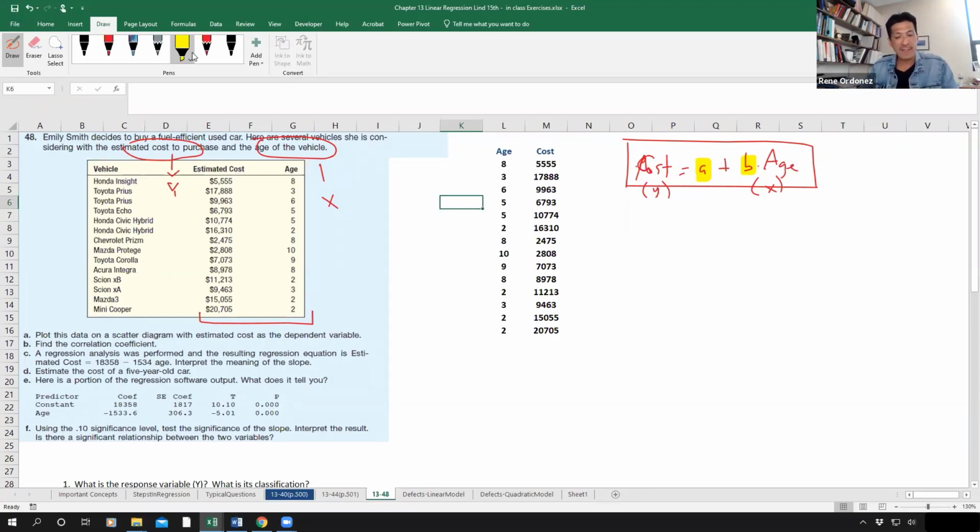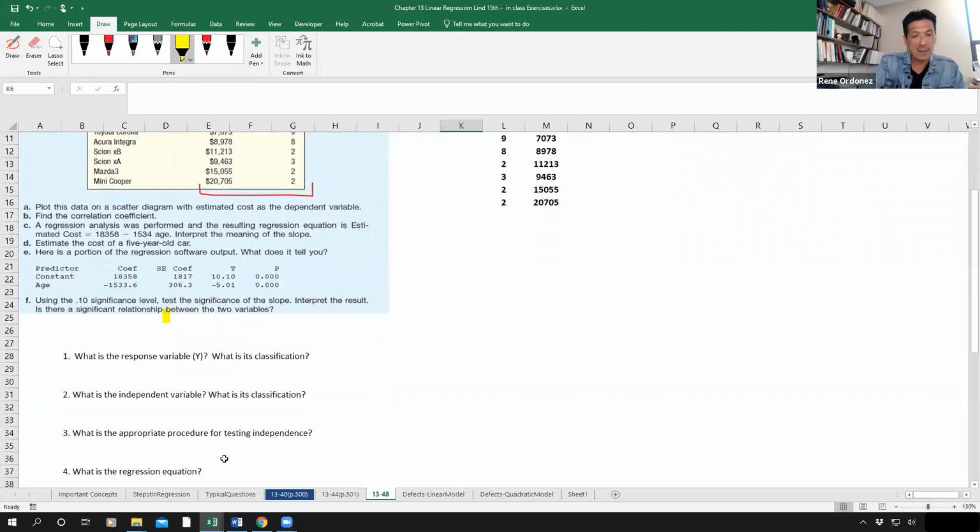So we've identified the response variable. Here, the response variable is the purchase cost of the vehicle, and its classification is quantitative.